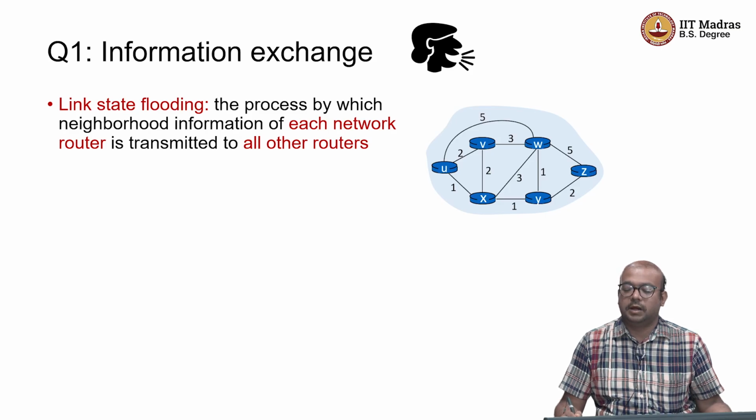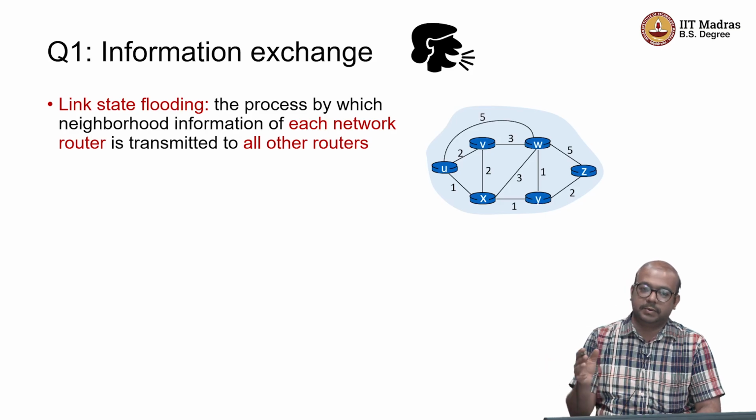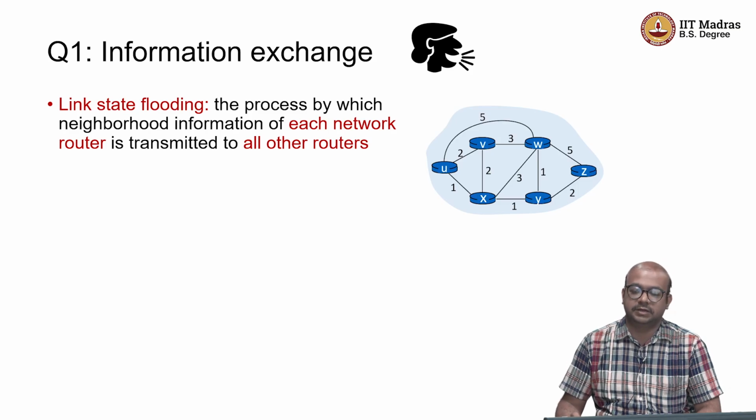Okay. So, in that way the neighbors would be able to get an idea of the graph subsequently, okay, because this information goes everywhere, and the routers would stitch together this information to get the global view of the network, okay.